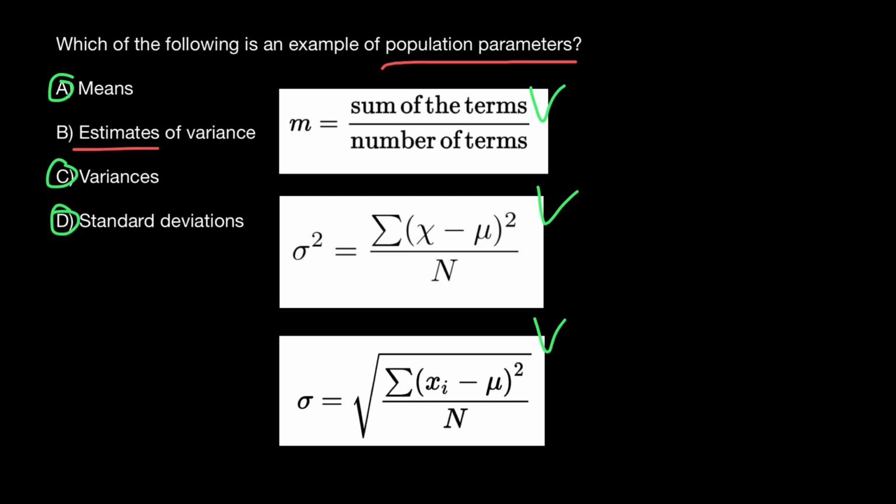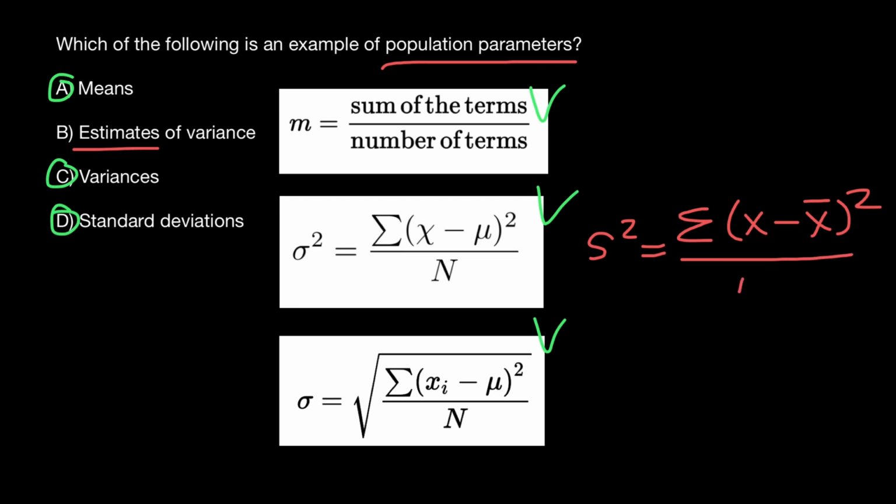And the formula, by the way, for the estimate of the variance is s squared, which equals the sum of x minus x bar squared, divided by n minus 1. Take a look. This is basically the same formula as the variance, but here it is the estimate of the variance. And instead of sigma, we have s here.